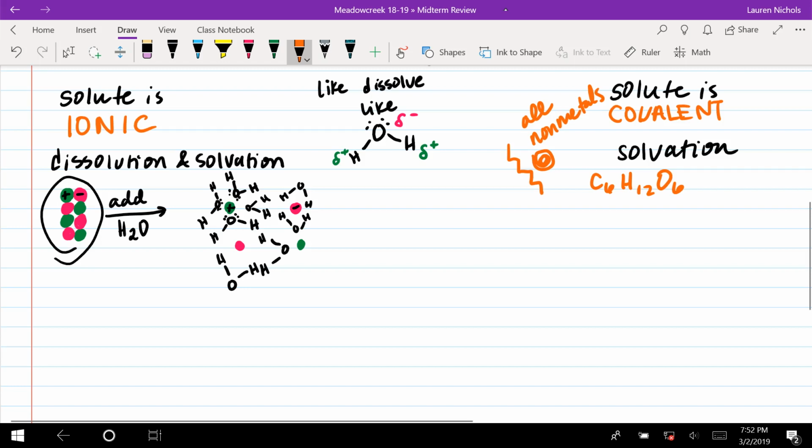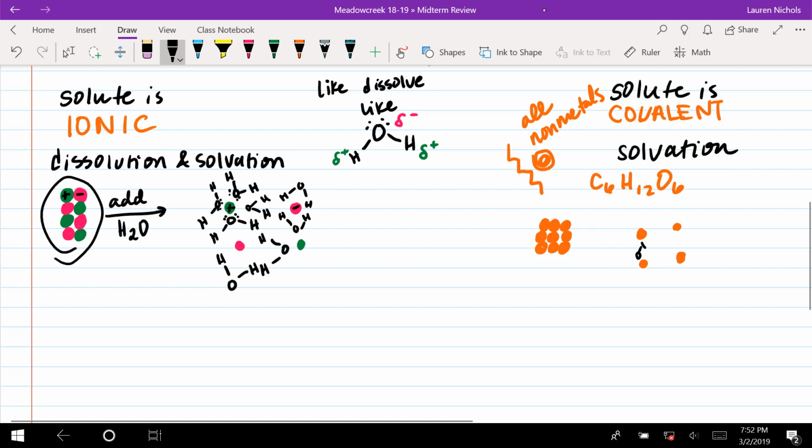I'm just going to pretend one sugar molecule is an orange dot. So let's say you've got a sugar cube, with all of these little sugar molecules together. When water comes in, the water will break up the orange pieces and surround them.